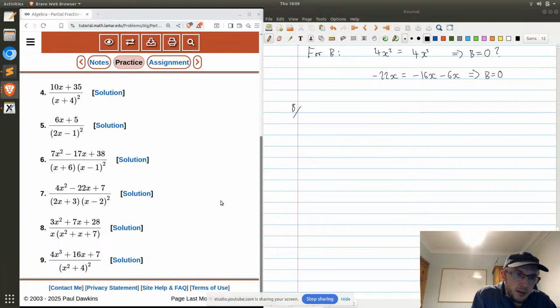But that doesn't really tell me anything. And I know that x squared plus 7x is not factorable anyway. So what do I do? Just proceed like normal and see what happens.